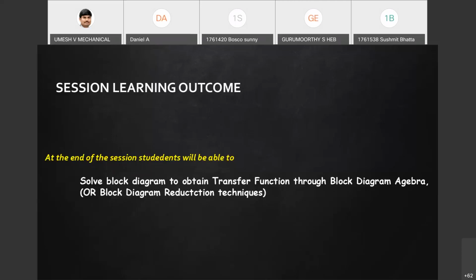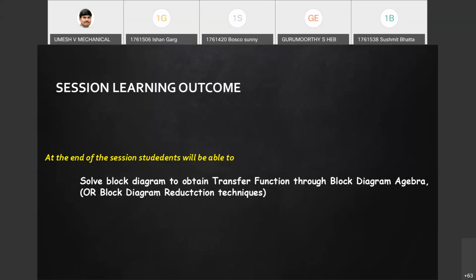Okay. So we will be starting the new chapter, that is block diagram algebra, or sometimes it is called block diagram reduction techniques. Here we are going to obtain the transfer function through block diagram algebra.